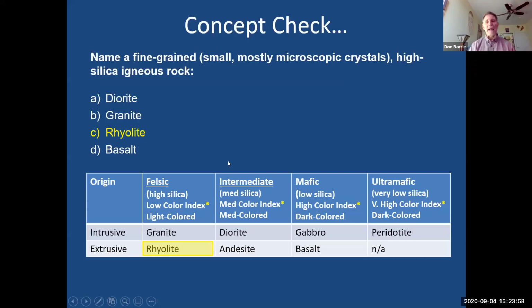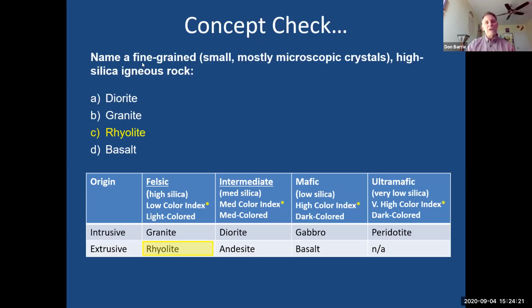So let's get some practice naming and classifying igneous rocks using portions of that all-important diagram that you've seen. Okay, so in this case, I'm giving you a description of the rock, and I've asked you to name a fine-grained, high silica igneous rock, composed mostly of microscopic crystals.